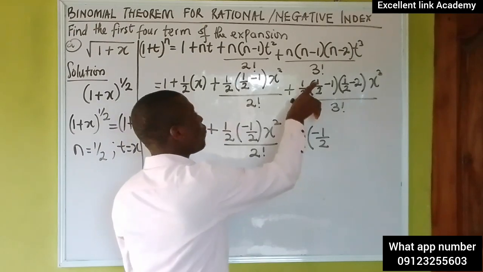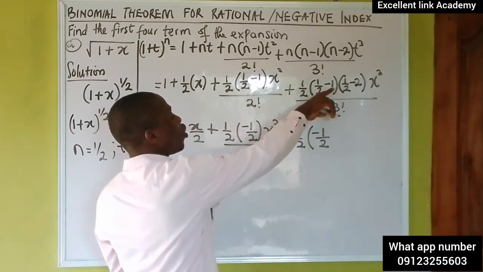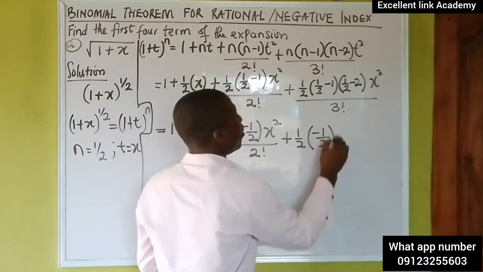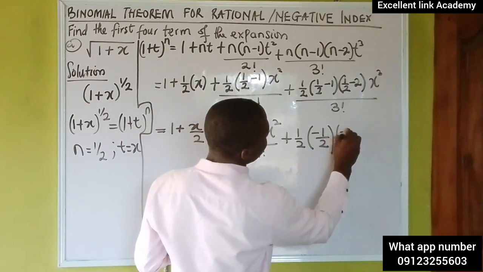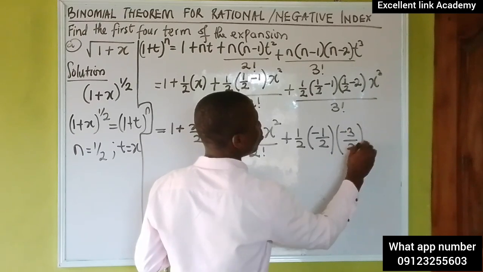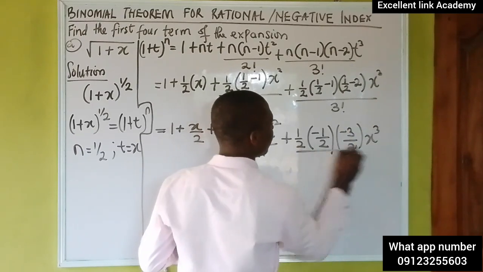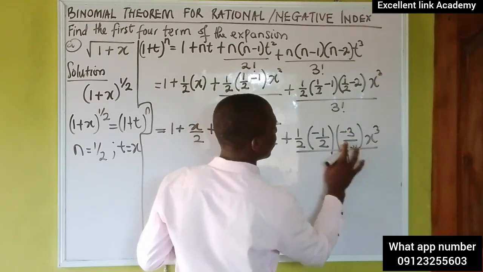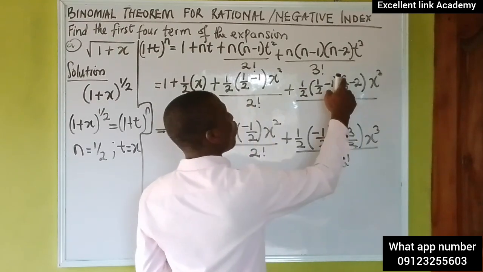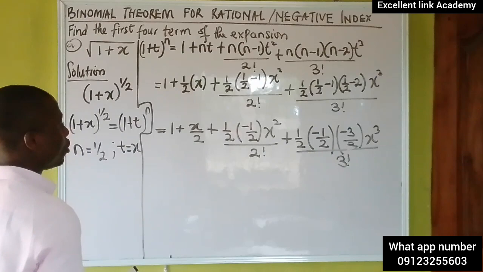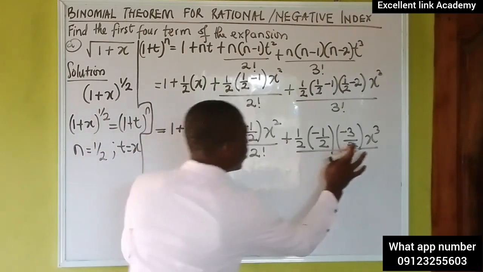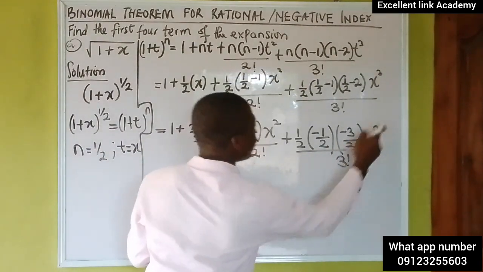Of course, 1 over 2 minus 1 becomes minus 1 over 2, into minus 3 over 2, x cubed over 3 factorial. 1 over 2 minus 2 becomes minus 3 over 2.